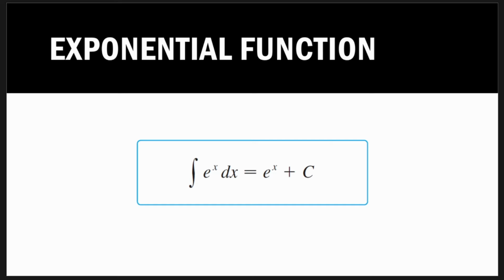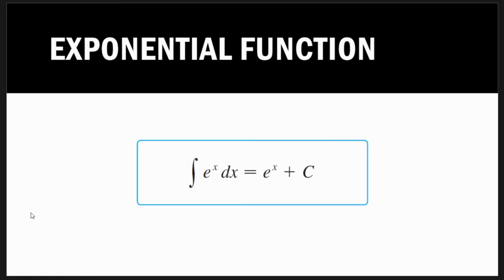So let's go ahead with the integration formula for the exponential function. For the general rule for exponential, we have the integral of e to the x dx, which is equal to e to the x plus c.